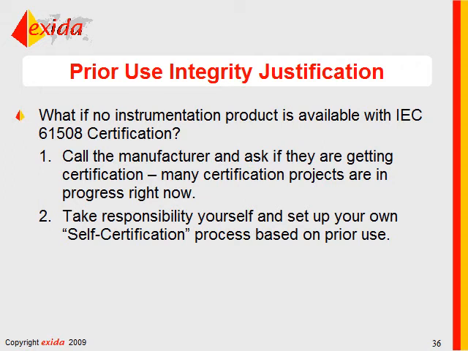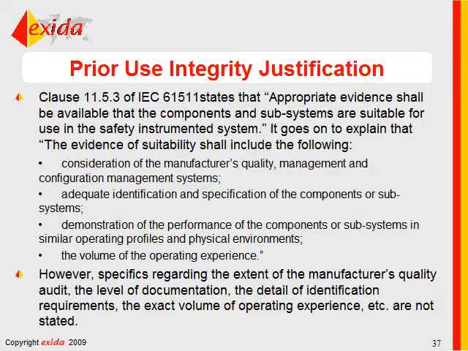If there is no certified product and nothing is on the horizon, you can absolutely take responsibility yourself and set up your own self-certification process. Now, how do you do that? Well, let's look at the requirements of 61511. Clause 11.5.3 talks about appropriate evidence shall be available. All right, what's that?